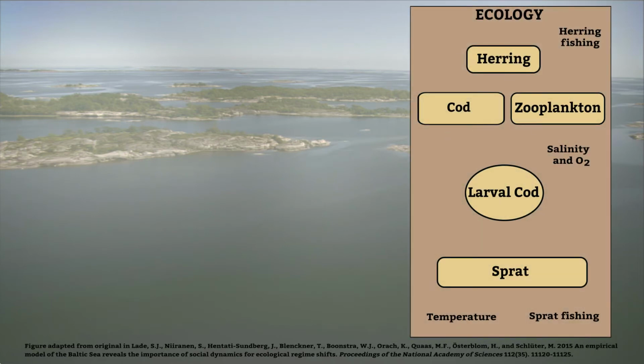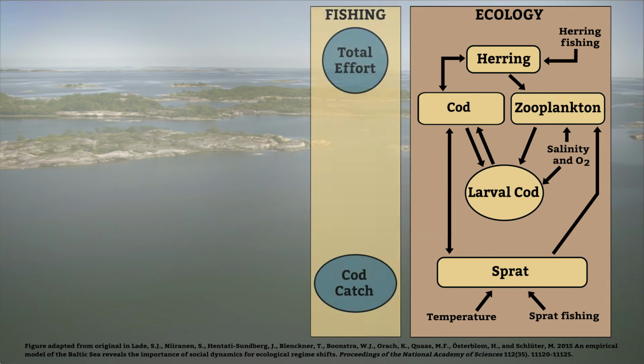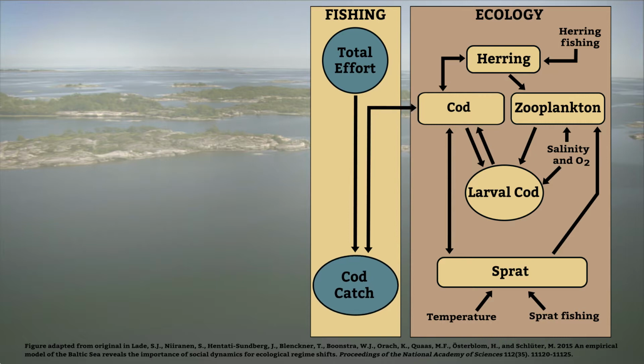The ecological dynamics during the cod boom and collapse had been well studied, and like the dynamics of many other ecological systems, a number of complex interactions between environmental conditions and food web dynamics were at play. Not surprisingly, the cod catch was influenced by total fishing efforts as well as cod abundance, and it was well known that cod catch had increased over time.